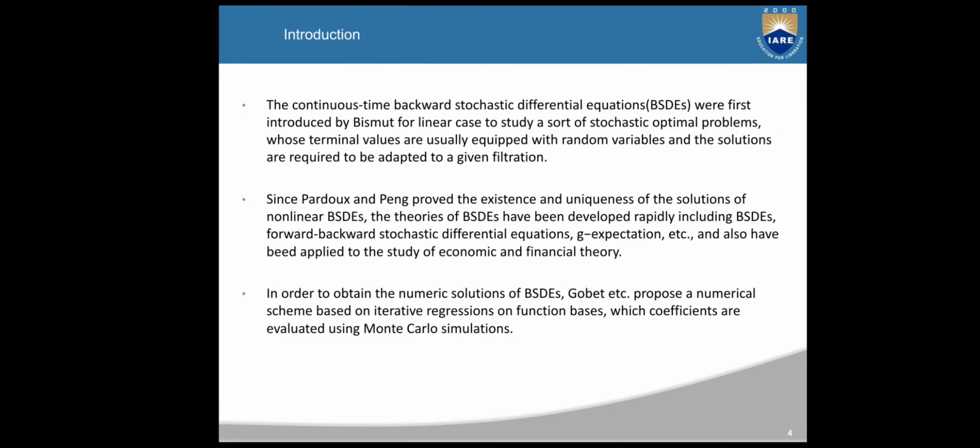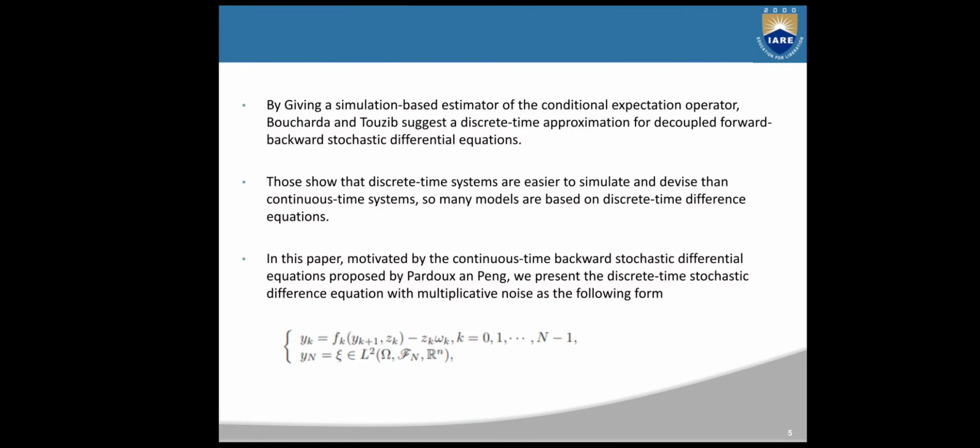In order to obtain the numerical solutions of BSDEs, Gobet et al. propose a numerical scheme based on iterative regressions on a function basis, whose coefficients are evaluated using Monte Carlo simulations, by giving a simulation-based estimator of the conditional expectation operator. Thalhammer suggested discrete time approximation for decoupled forward-backward stochastic differential equations.